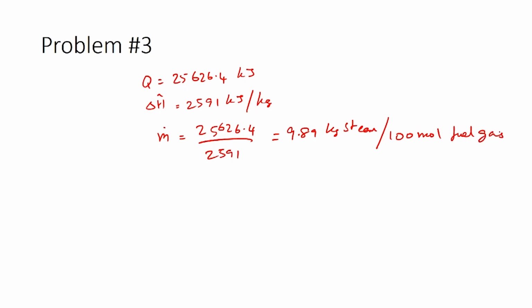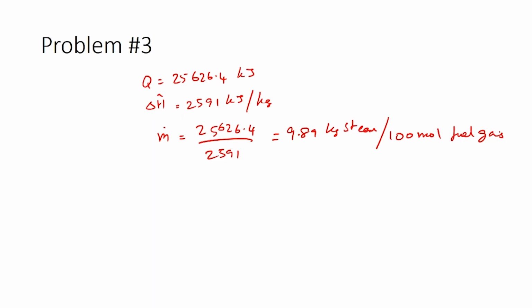The final part of the problem requires us to calculate the rate at which fuel gas must be burnt to produce 1500 kilograms of steam per hour. Here we already calculated that 9.89 kilograms of steam can be produced per 100 moles of fuel gas.